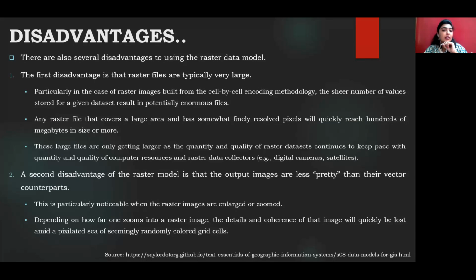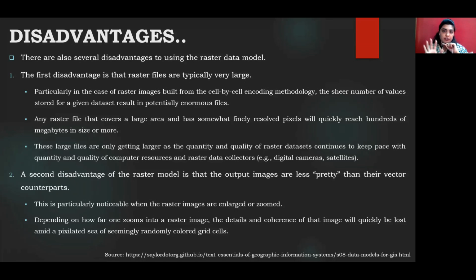So when they become blurred, it is not easier to interpret what feature has been shown. Depending on how far one zooms into a raster image, the details and coherence of that image will quickly be lost amid a pixelated sea of seemingly randomly colored grid cells. So you'll only find red, red, red.